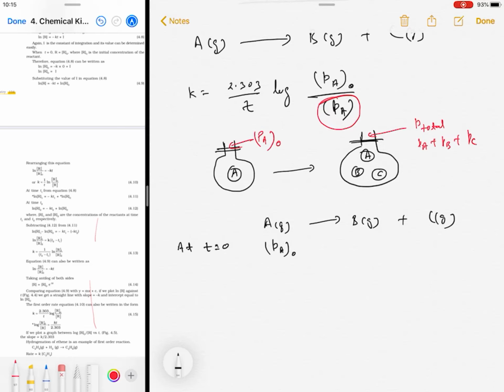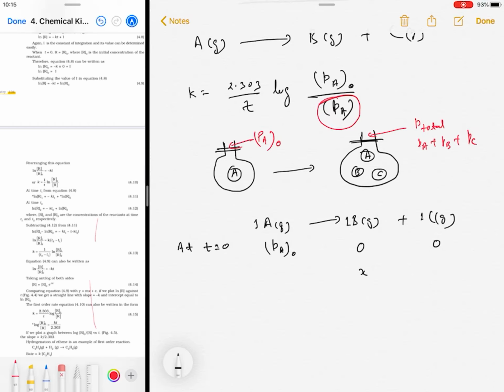Since there are no products B and C, their pressure is 0 atmosphere. Let after the reaction, x molecules are formed of B and x of C. Since the stoichiometry is 1:1:1, if x molecules of A decompose, we will get x molecules of B and x molecules of C, and the pressure is directly proportional to the number of moles of gaseous molecules.